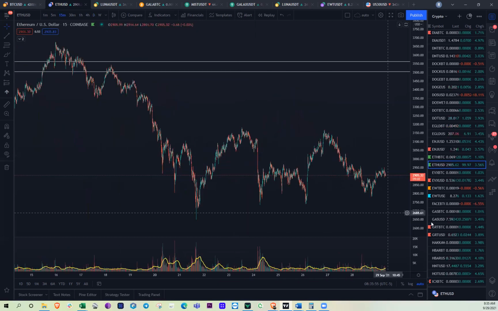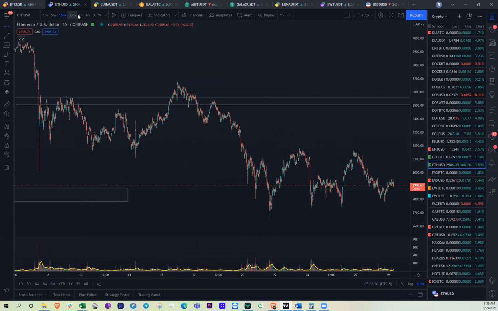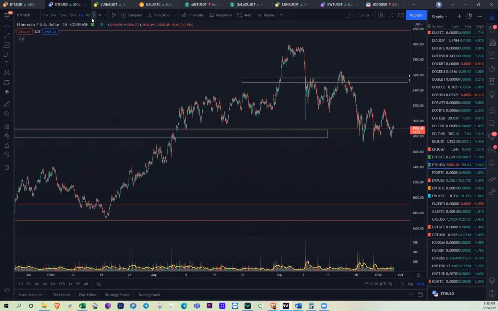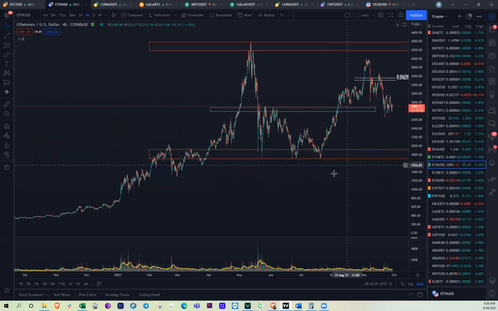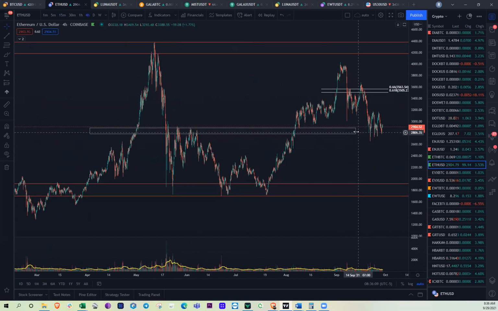Those are your micro views. In the micro view, you'll have smaller support and resistances that will play out. And in the larger view, on your hourlies, on your 4 hours, you'll have those bigger support and resistances that have withstood the length of time.